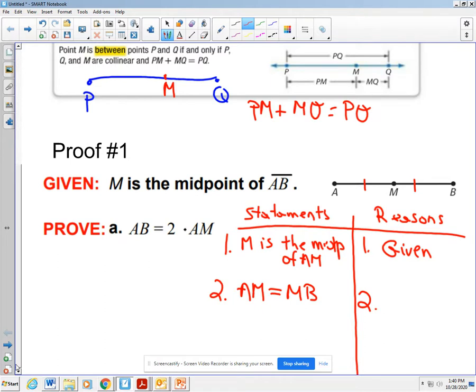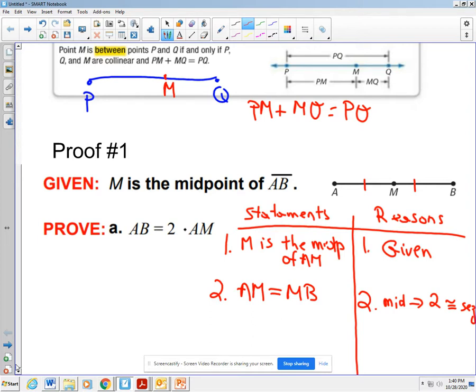If you look at the cheat sheet I gave you, you can say definition of midpoint, or you could say midpoint arrow 2 congruent segments. Okay, that's the abbreviation. So this means if N is the midpoint, then you have 2 congruent segments.